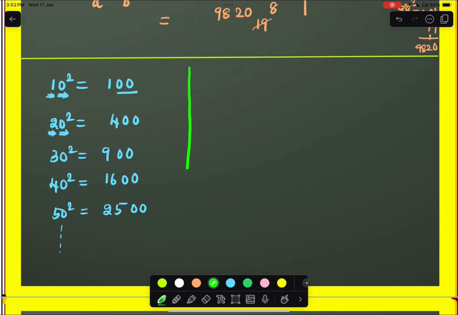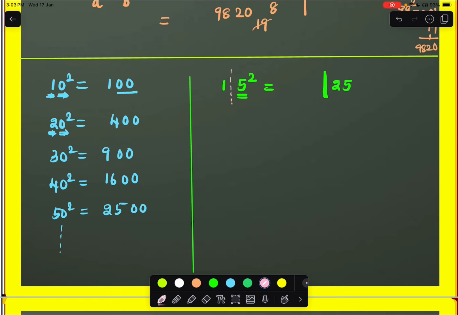Similarly, squares of numbers ending with 5 also we learned in previous classes. Check it once again. If any number ends with 5, its square value always ends with 25. The rightmost part is always 25.